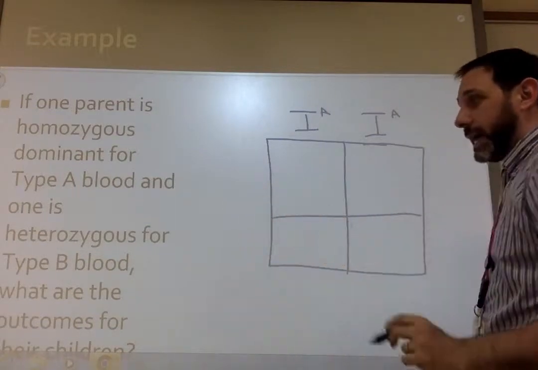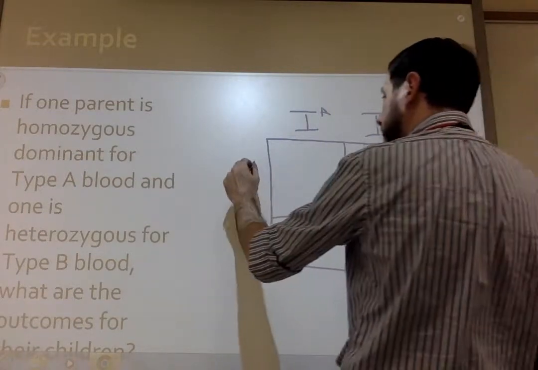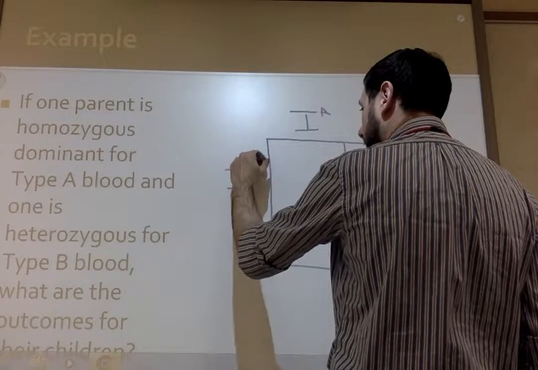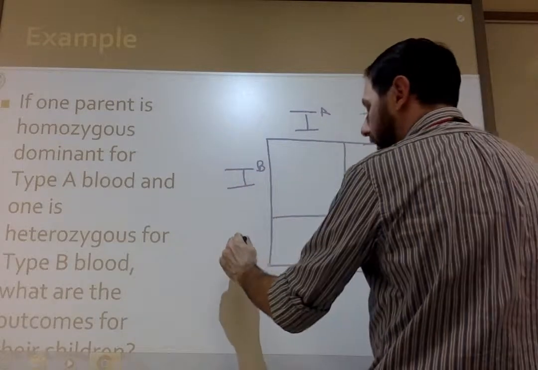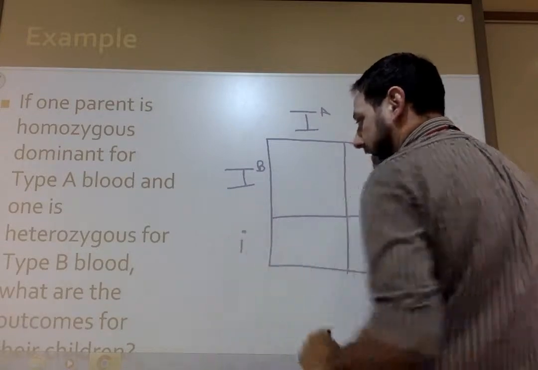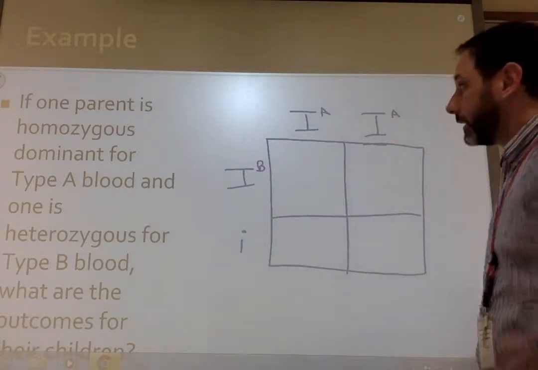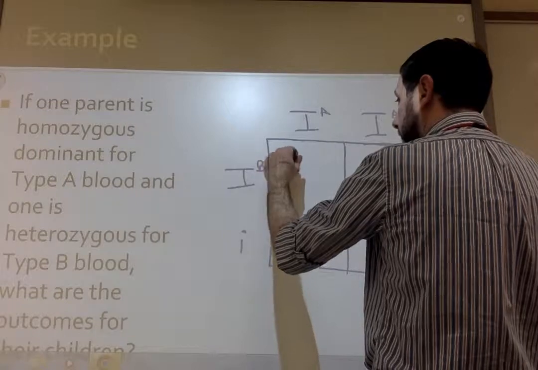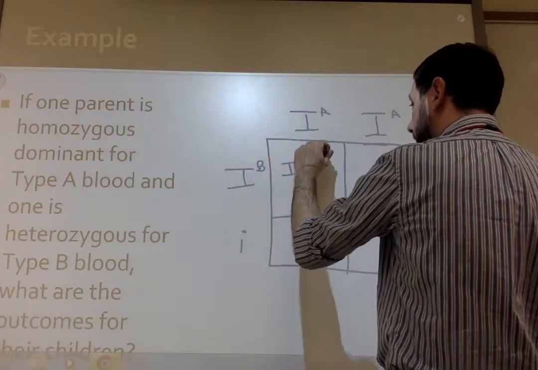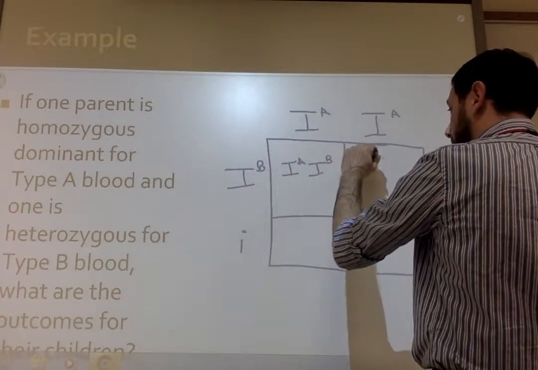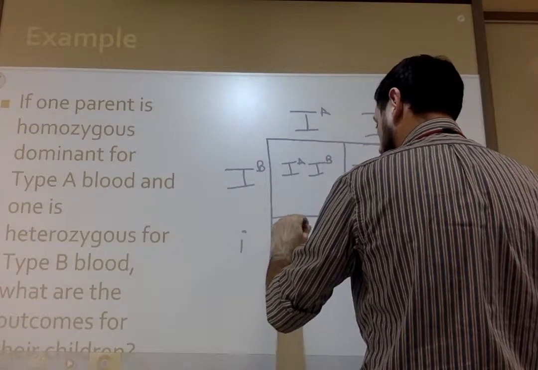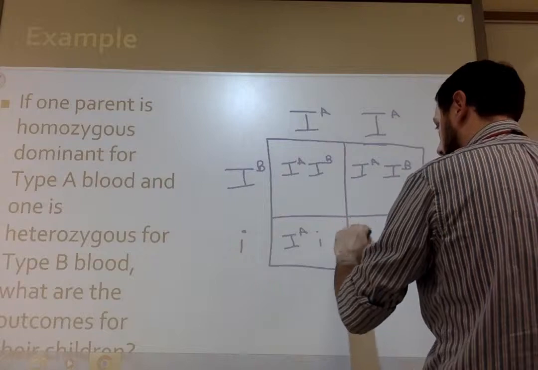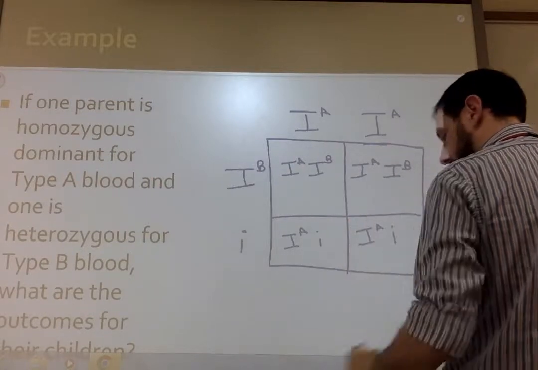The other is heterozygous for type B. So since it's type B, we know we need a capital IB. And since it's heterozygous, it has to be different. So the only way to do that would be to put a recessive allele there. So if I fill this in, IA, IB, IA, IB, IA, i, IA, i.